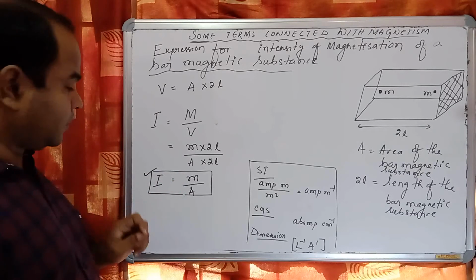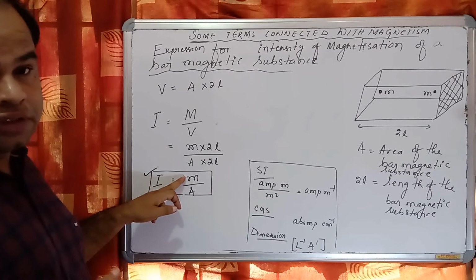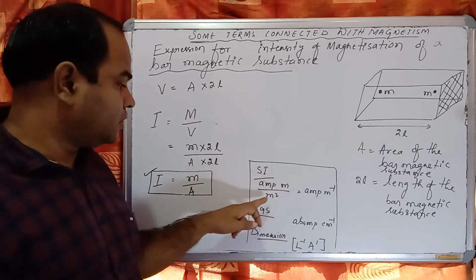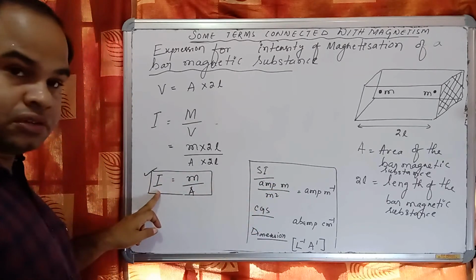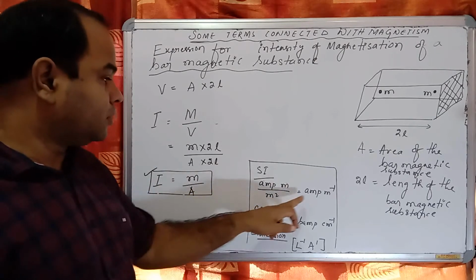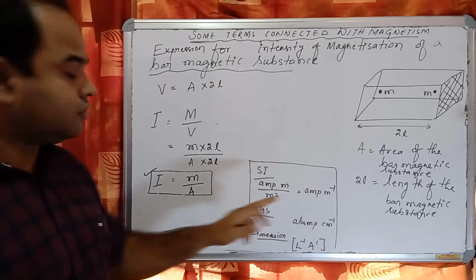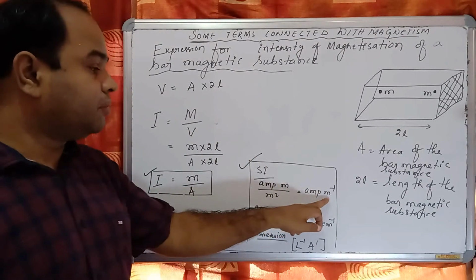The unit of pole strength is ampere meter, and area is meter square, so the unit of intensity of magnetization in SI system is ampere meter inverse.